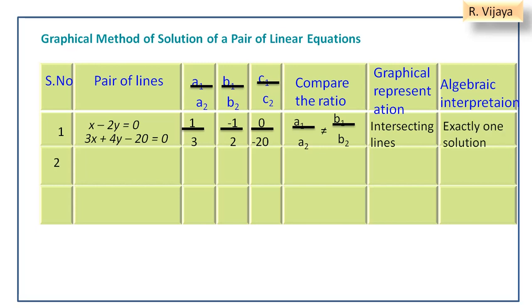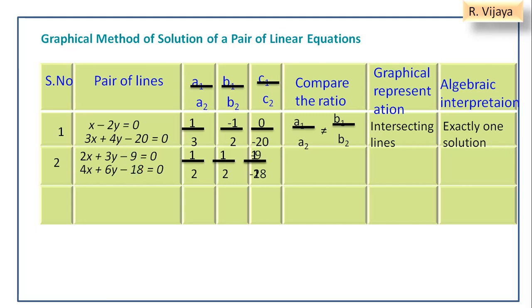Next we see another pair of linear equations. Here a1 by a2 is equal to 2 by 4, that can be simplified into 1 by 2. b1 by b2 is equal to 3 by 6, can be simplified into 1 by 2. c1 by c2 is equal to minus 9 by minus 18, can be simplified into 1 by 2.